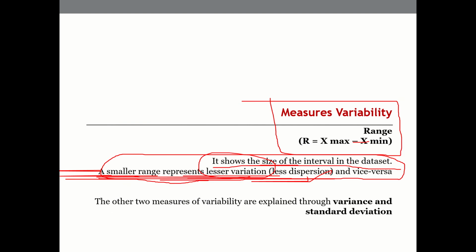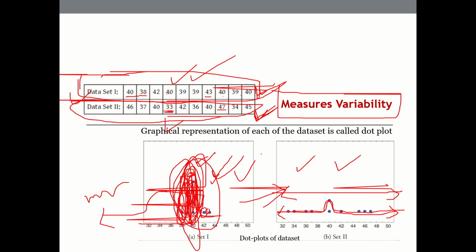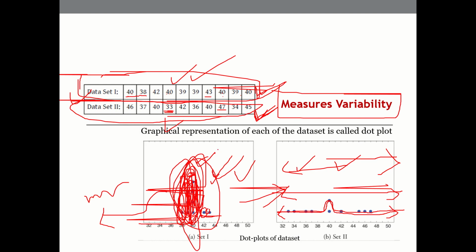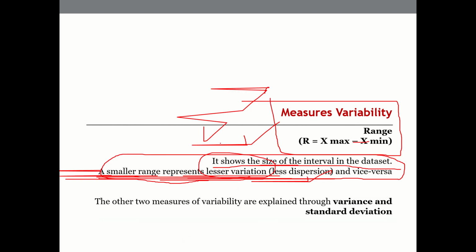If we understand this from the spread of the data set, in which is the variance high? Set 1 or set 2? Yes, this is a huge variation in the data set that is accumulated here.